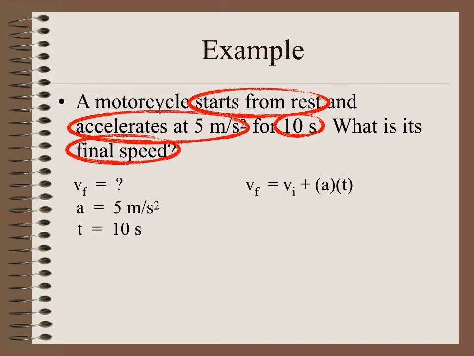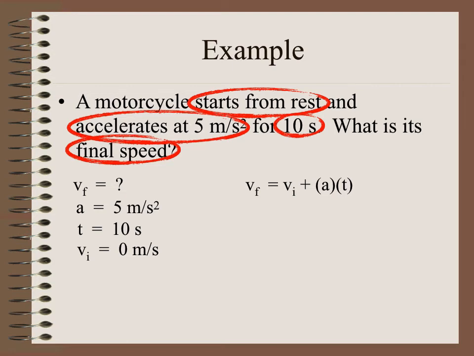So it's very important to not just look at a problem and try to grab numbers. You have to read the problem carefully. Starting from rest tells us that our initial velocity is 0. You will get other problems that say things like coming to a stop or coming to rest. That means your final speed is 0. So read the problems carefully.